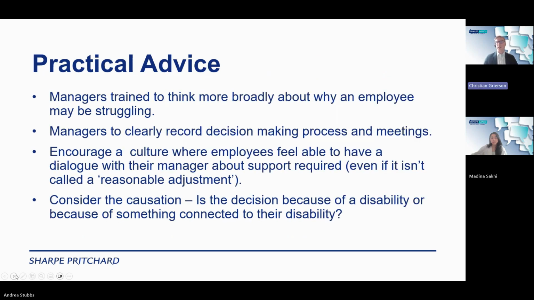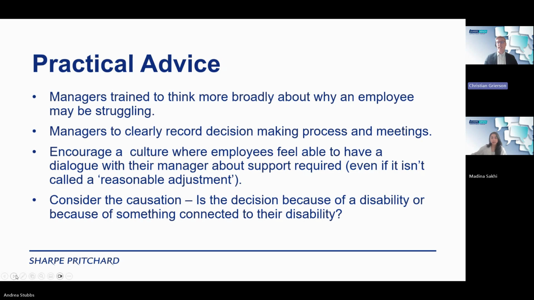So some advice I would give to employers when thinking about this comes down to managers. Managers should be trained to think more broadly about why an employee may be struggling. If an employee doesn't explicitly tell a manager they have a disability, then to be honest, that quite often is the end of the conversation.